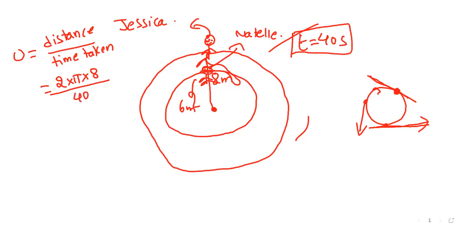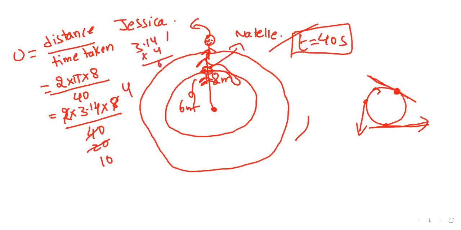Now let's substitute these values. 2 times 3.14 times 8 upon 40. I'm getting 1.256, which is approximately 1.26 meter per second.